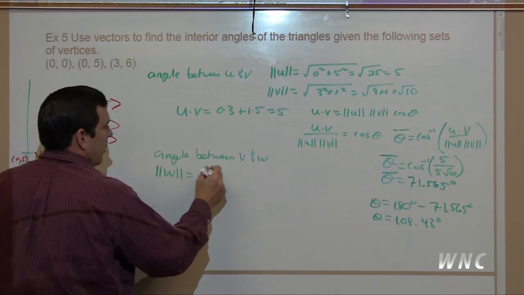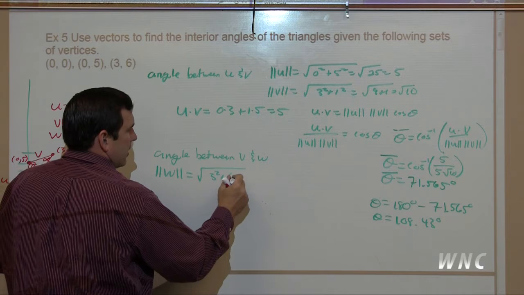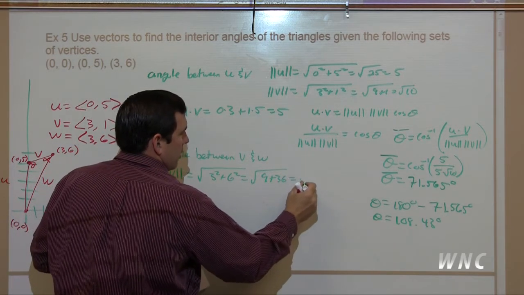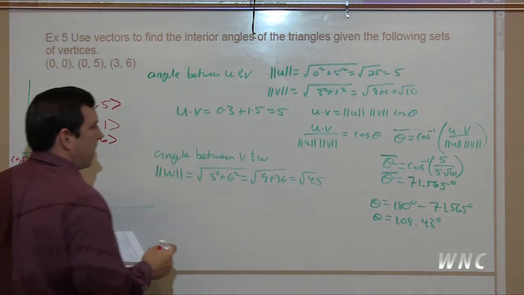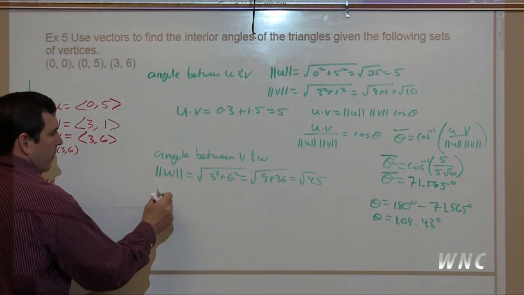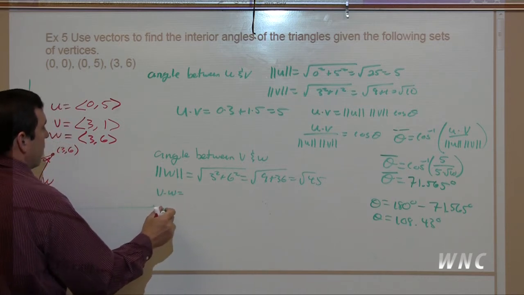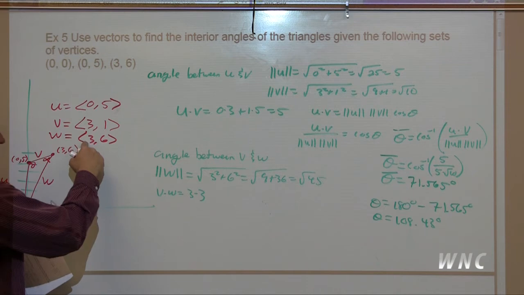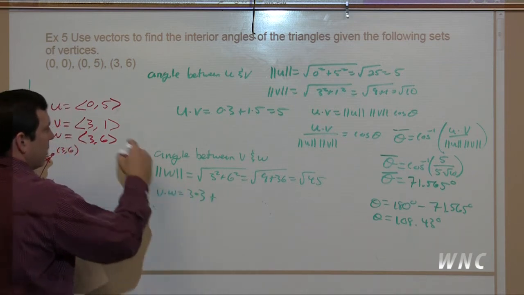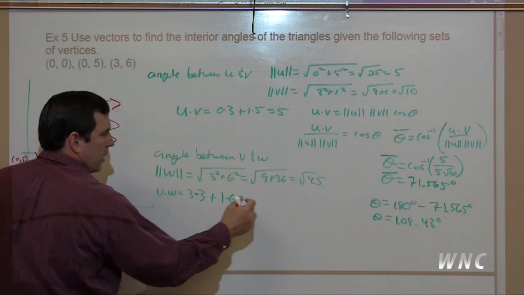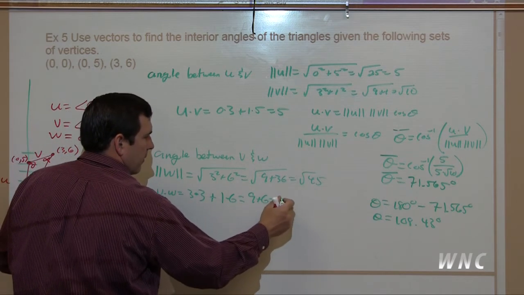That's going to be the square root of 3 squared plus 6 squared, 9 plus 36, square root of 45. So we need also V dot W. That's going to be 3 times 3 plus 1 times 6. That's 9 plus 6 is 15.